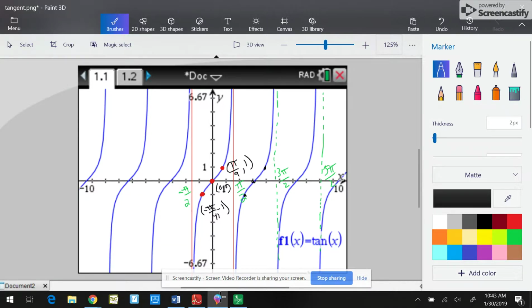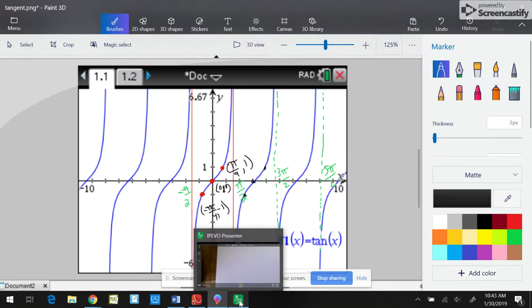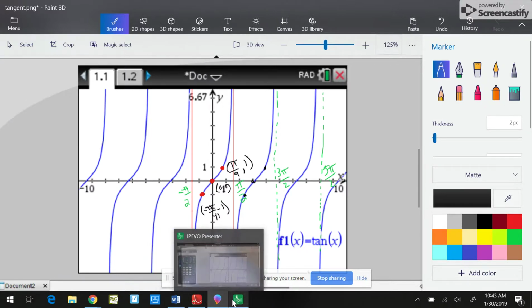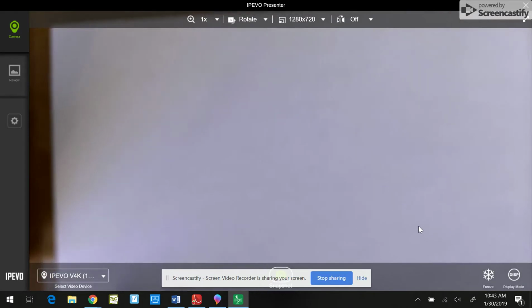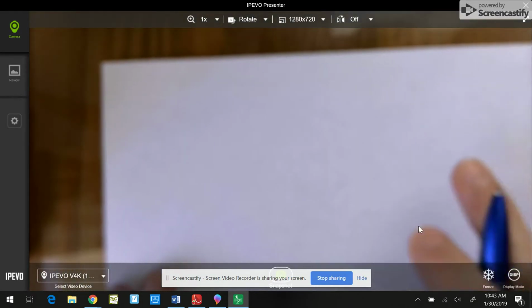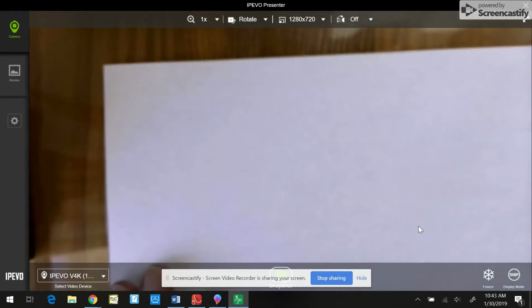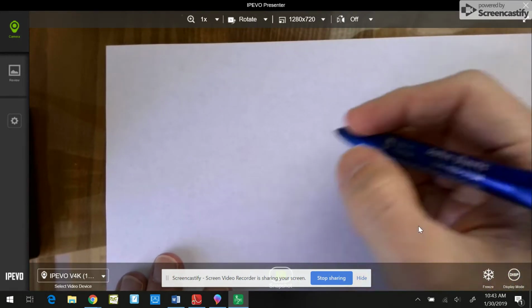Now let's work on doing some transformations with this graph. What I'm going to do is sketch a graph for you guys and see if we can show you how to do this.